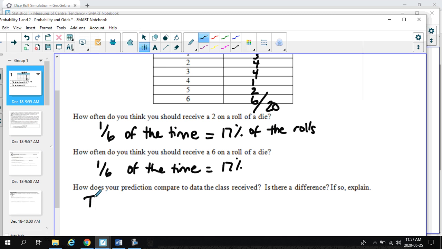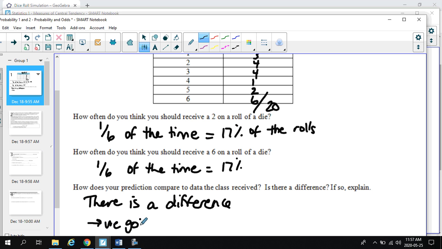There is a difference. And so again, we got a 6 about 30% of the time.